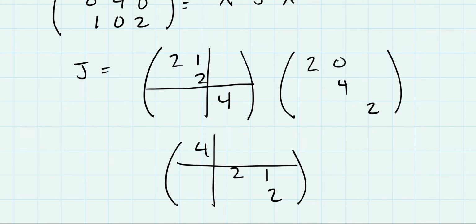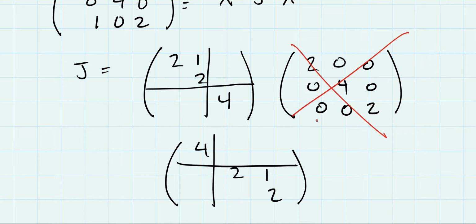And if you didn't have any 1s, your Jordan normal form would look like this. But we know that our matrix is not diagonalizable, so this is not an option. So it's going to be one of these. And I think for this particular example, it doesn't matter which one you choose, because you can rearrange the basis vectors in X. But anyway, this is the idea of what happens.